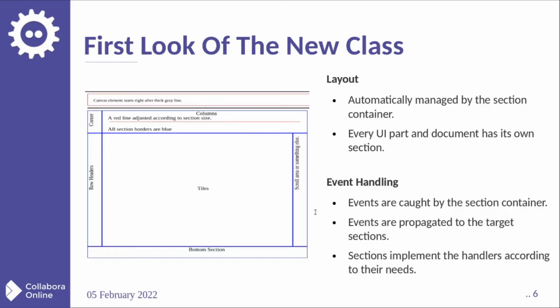And the first look of our new class. There was a beginning. This image is from the days when this class was just a proposal. The first implementation looked like the image you see. This picture shows the main goals of the new class: rendering the tiles on a canvas, having a UI tool for UI elements like row headers in Calc, and event handling.